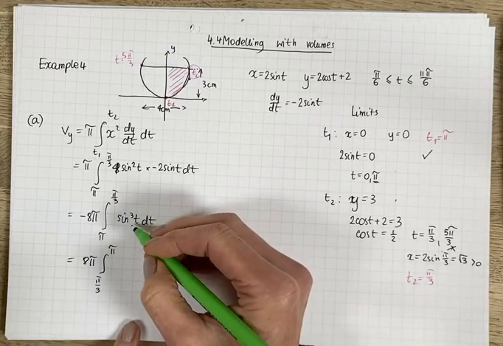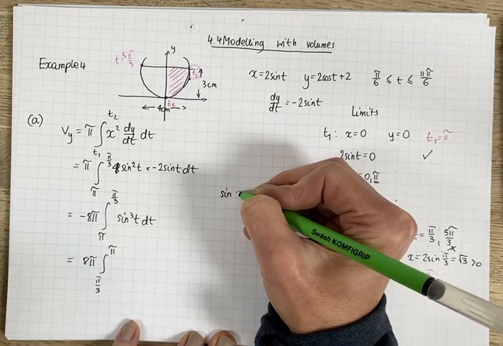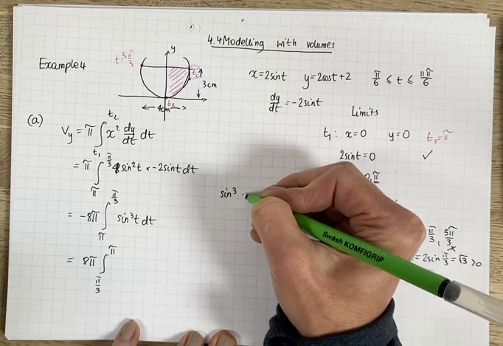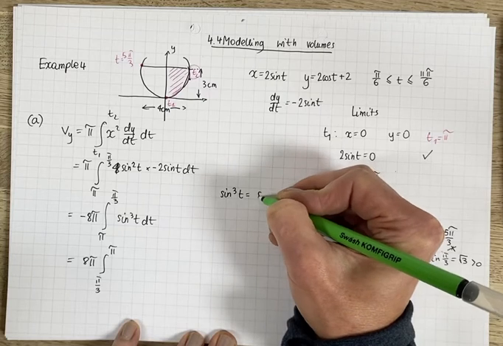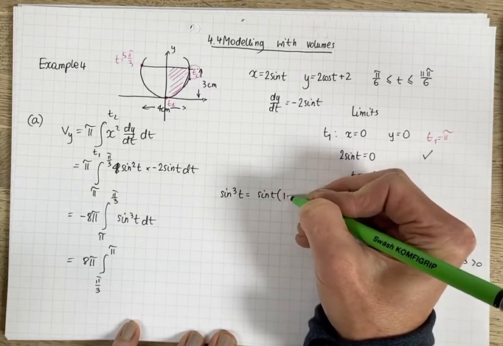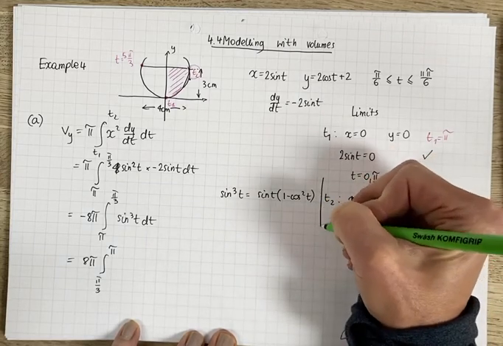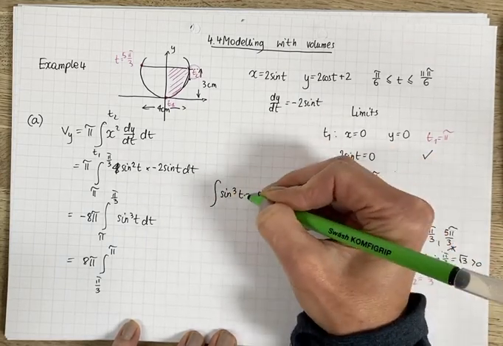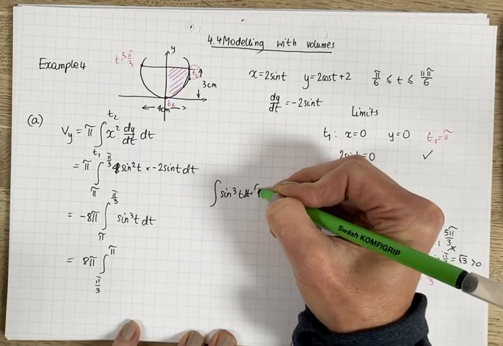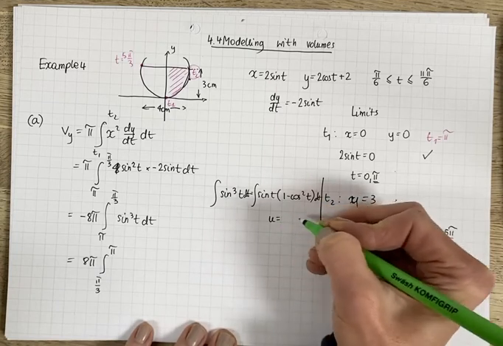So remember, to integrate sine cubed, the trick here is to split sine cubed into sine t times sine squared, which is 1 minus cos squared t. Okay, and then we can use substitution.